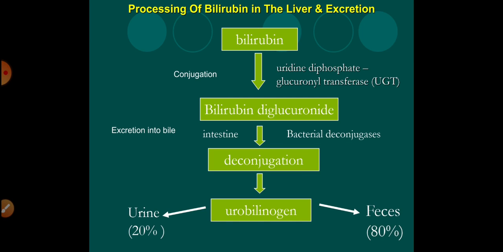A part of urobilinogen will be absorbed into the circulation, and that will be filtered by the glomeruli, because the urobilinogen is water soluble and can be filtered by the glomeruli and excreted in the urine, and this is responsible for the normal color of the urine.